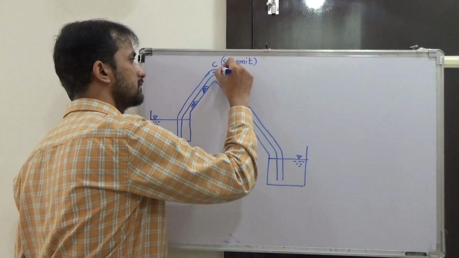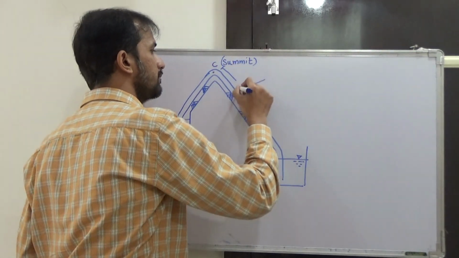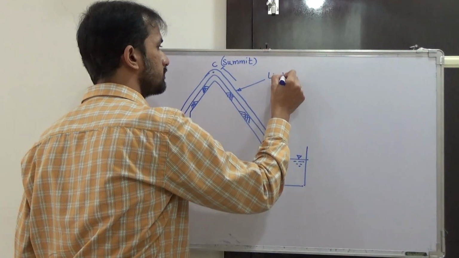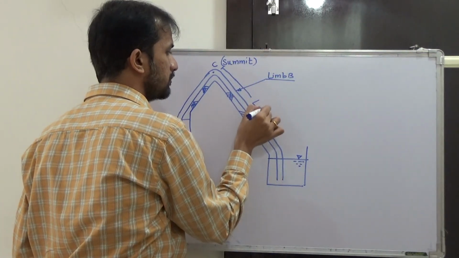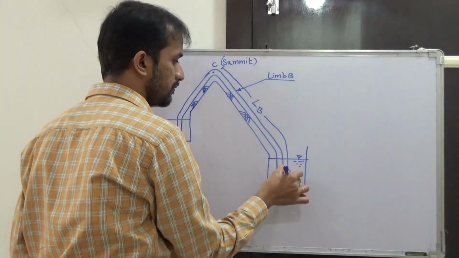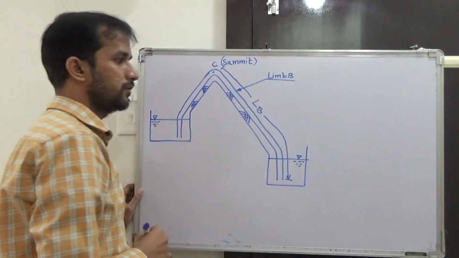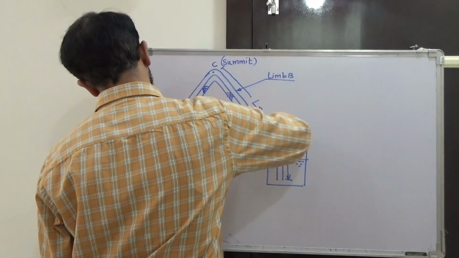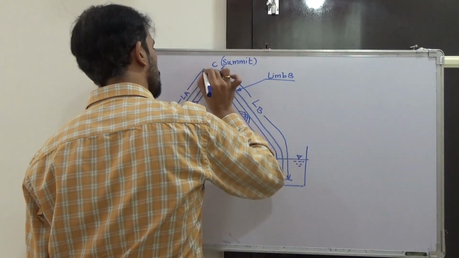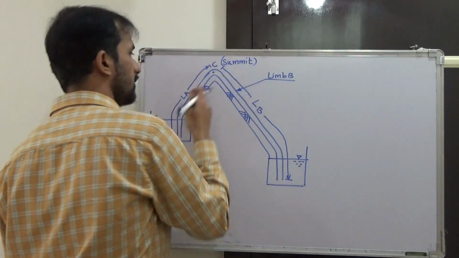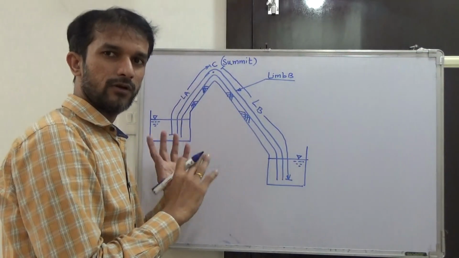Okay, so now this is the siphon and this point is C, the summit. The tube is divided into two parts for simplicity.